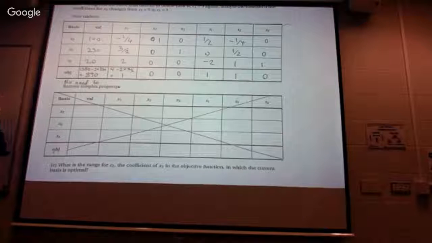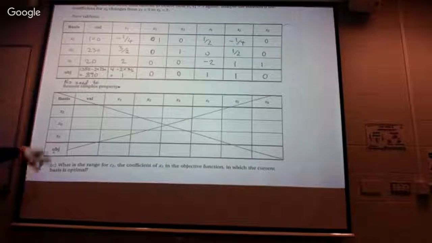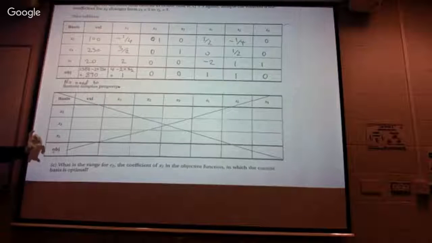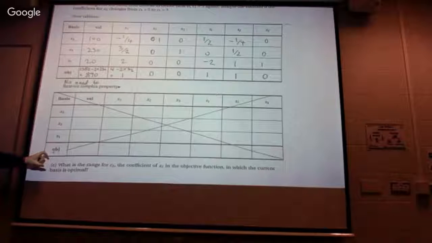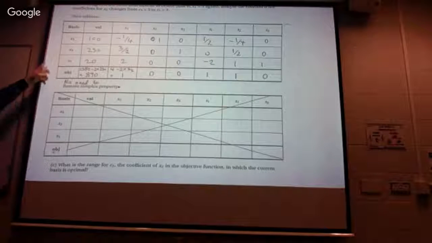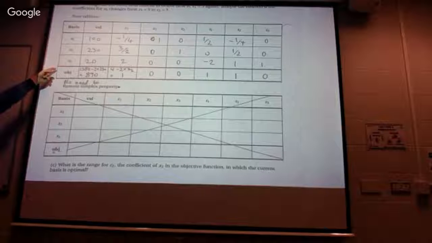Okay, and question C asks you how much you can change the coefficient not to have to pivot. That's what's asked here. And you can think about it, because that's based on the idea of how we got this tableau.